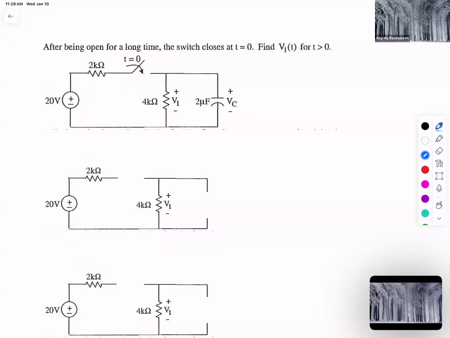And then go on. Now we can write our equation. We want to keep the differential.